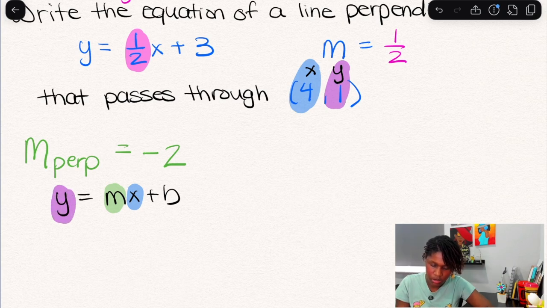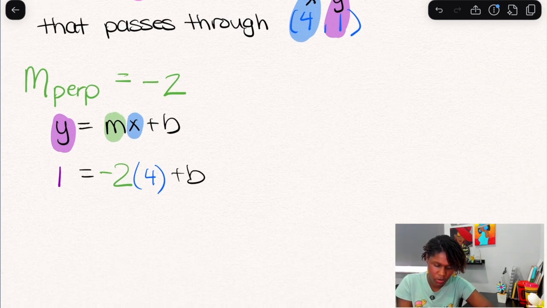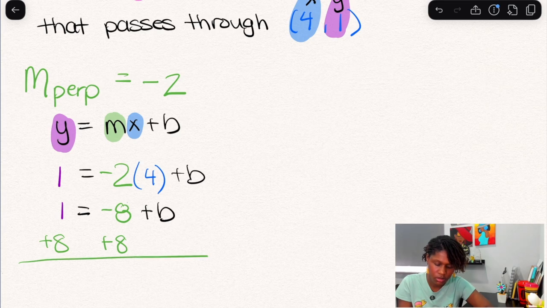All right, let's get started. 1 is equal to -2 times 4 plus b. 1 is equal to -2 times 4 is -8 plus b. And we'll solve for b by moving that 8 to the other side. Add 8 on both sides. And b is equal to 9.